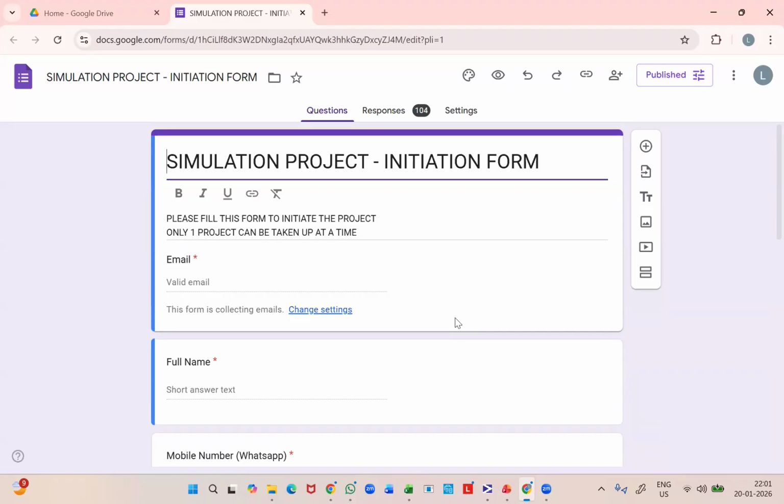Only if the management is agreeing to share the data with us will you be able to do so. Otherwise, you need to work on the simulation. The problem can be the same, but you can cook up the data and then provide us the project document. Okay.